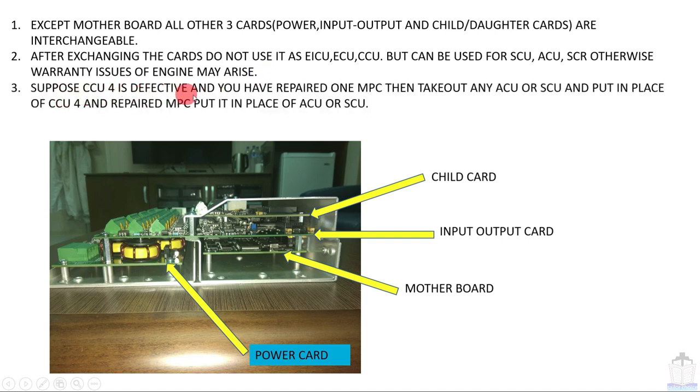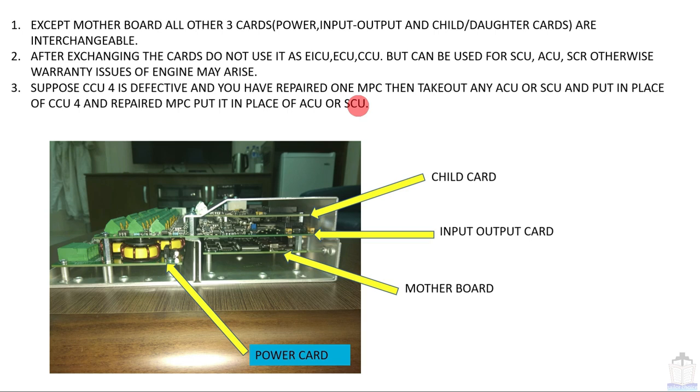Suppose CCU 4 is defective and you have repaired one MPC, then take out any SCU and put it in place of CCU 4. That means they are good MPCs, SCU, CCU, which are already working. So you have to put them in place of CCU 4, and the repaired MPC you put in place of the one removed from SCU. I hope it is understood, because SCUs are not so important MPCs.